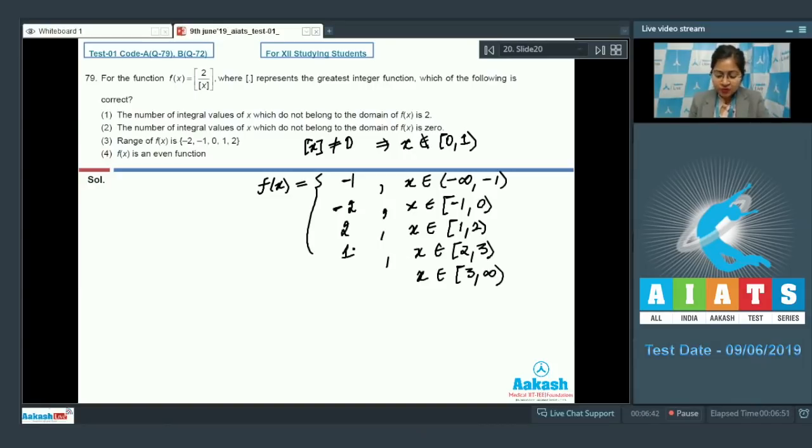And when x goes from 3 to infinity, the value will be equal to 0. So for the number of integral values of x which do not belong to the domain of f(x), the only integral value which is not in the domain is 0. These two are incorrect. Now the range of f(x) is minus 2, minus 1, 0, 1, 2, so option number 3 is correct. And option number 4 says that it is an even function, which is not true. So the answer will be option number 3.